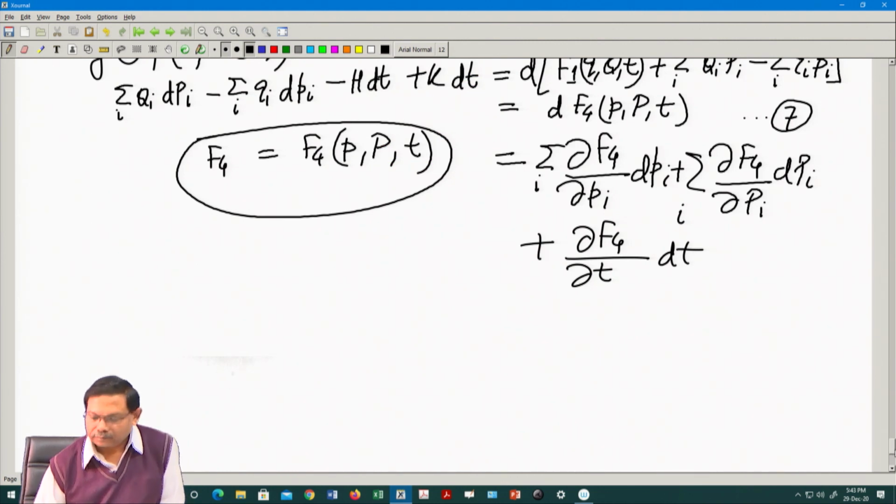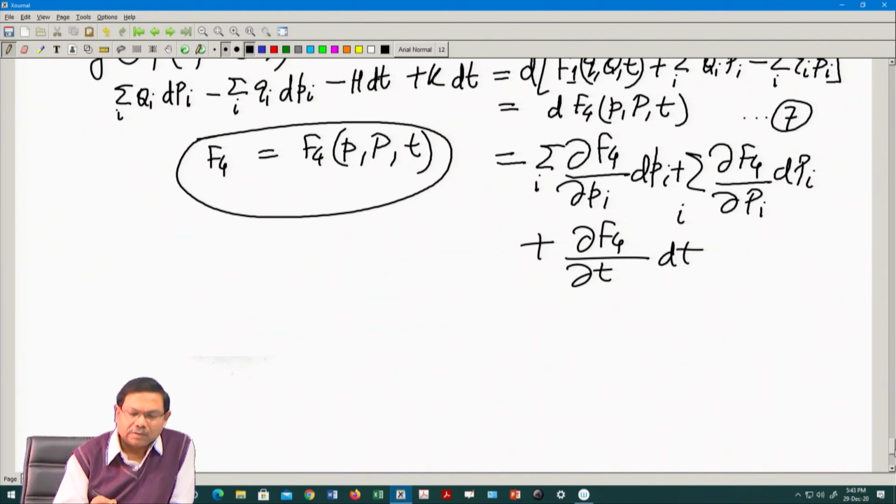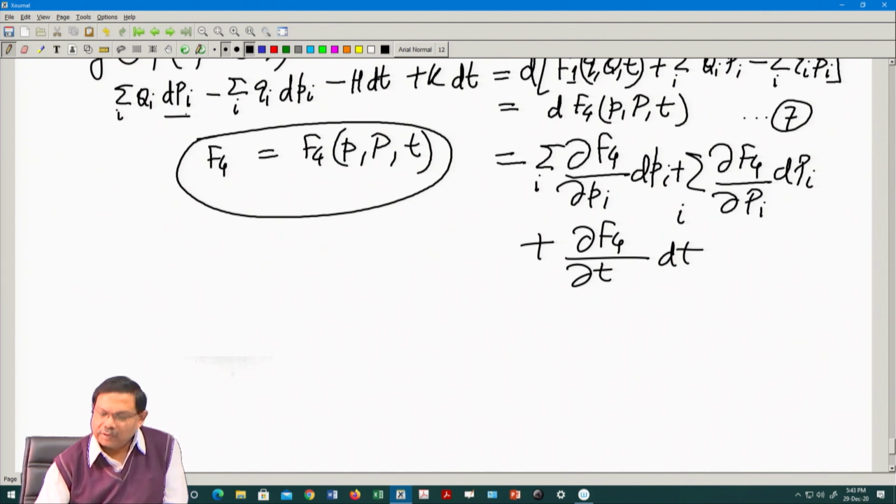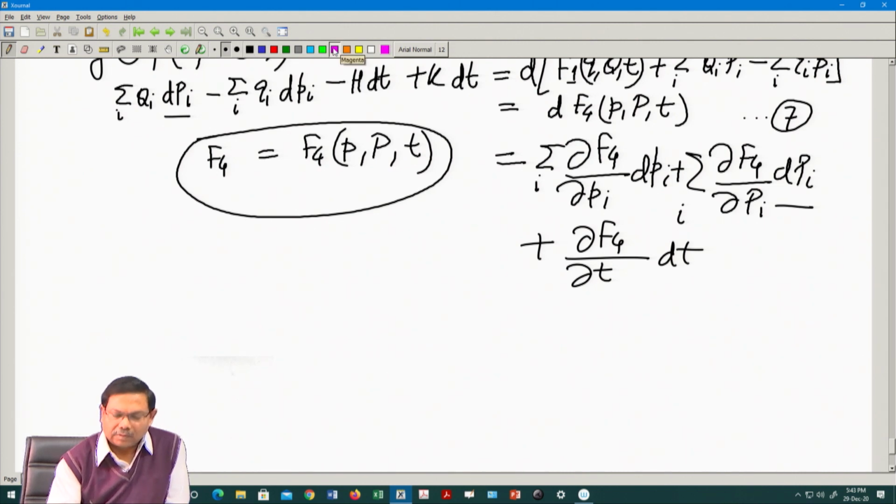Okay. So, now let us find the coefficients of similar terms, of dp, dP and dt.